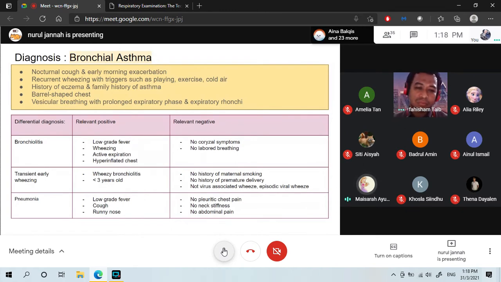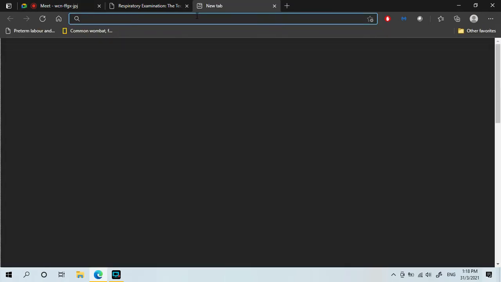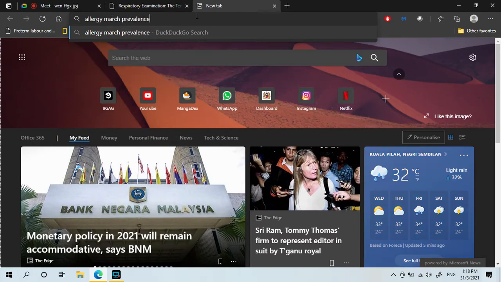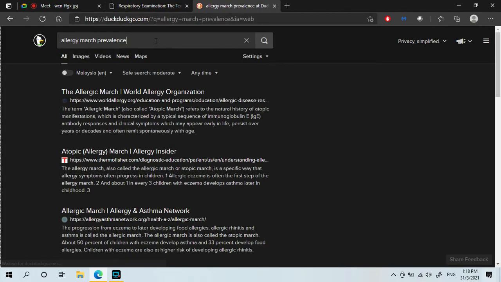Okay, for the differential diagnosis, we listed out three. First is bronchiolitis. I don't expect bronchiolitis, because there are no coryza symptoms. It's age less than 2.